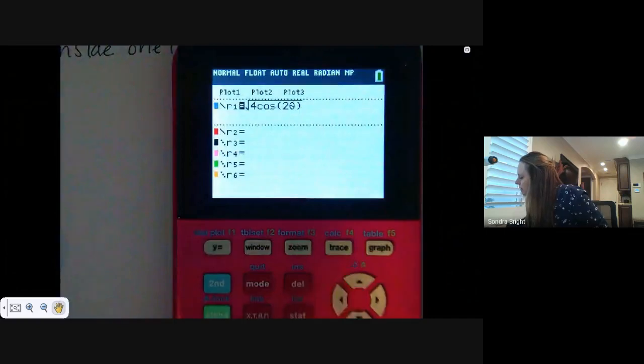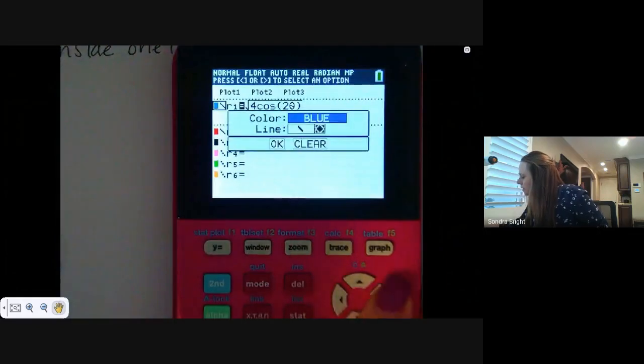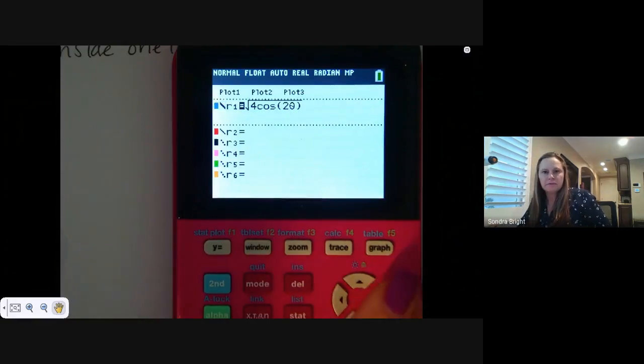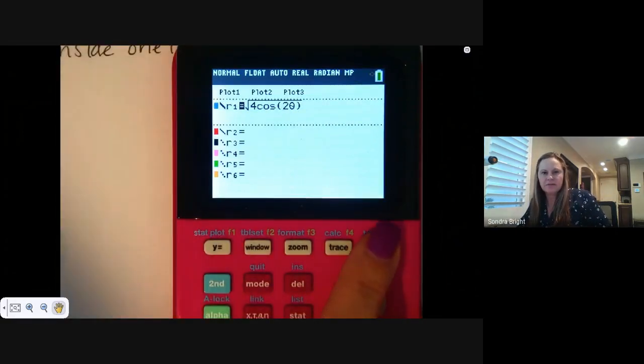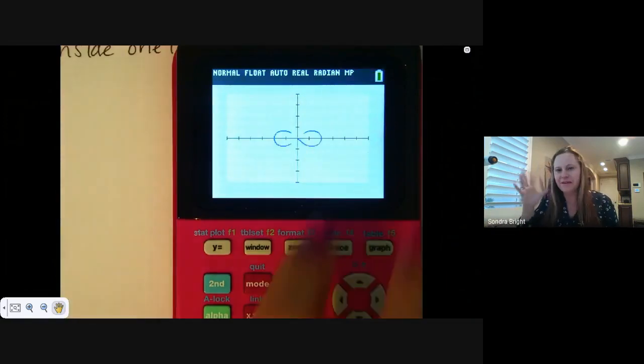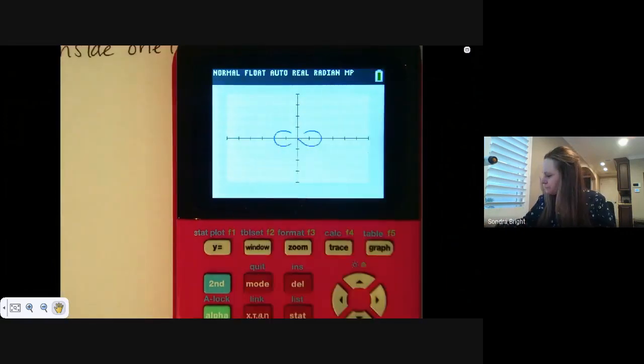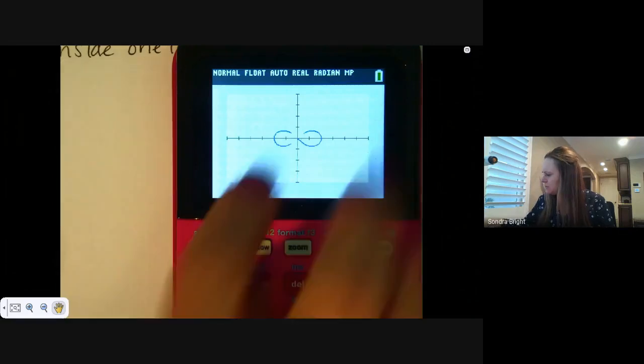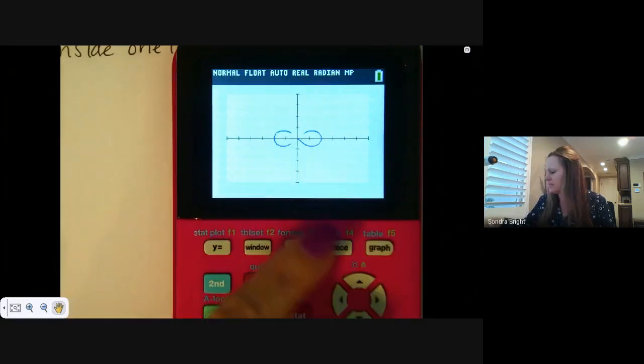There we go. Okay, let's try this again. Graph. That's better. So obviously it's broken up because of those undefined values, but in reality, it's not. It's just the calculator's having an issue with it.